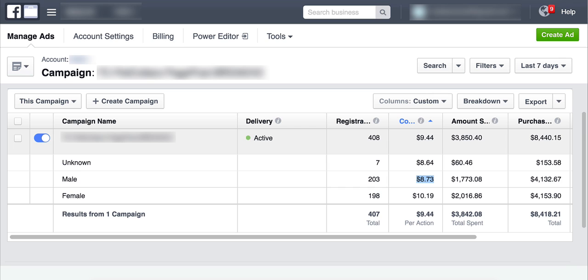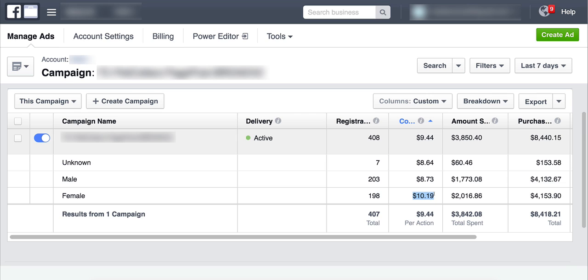If you're losing money on your campaign and you come in and see this, you might say, oh my gosh, the men right here, the cost per conversion is $17 per conversion. We're making this up, remember. Just all hypothetical. All right, so the men are $17 per conversion, and I'm losing big money on this ad going to men. But the women are making me money. The cost per conversion is great.